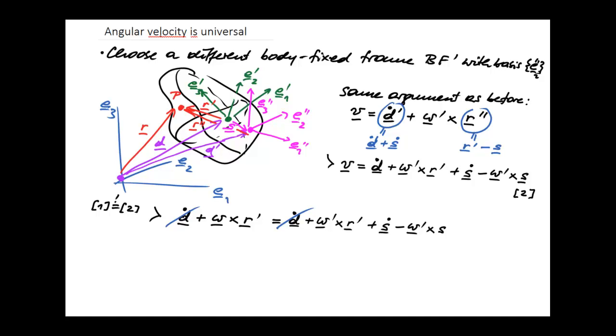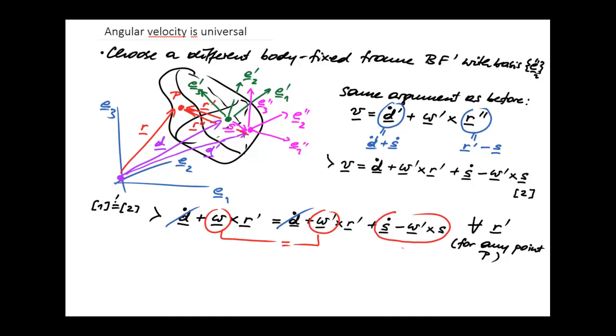So this must be true for any r primed, meaning for any point P. Well, for this equality to hold for arbitrary r primes, this is only guaranteed if omega equals omega prime and if this expression here is equal to 0.